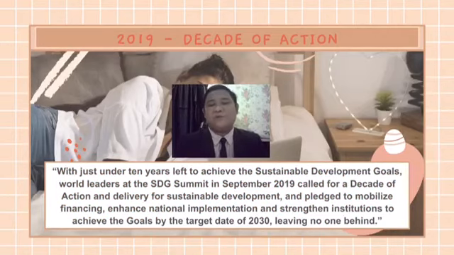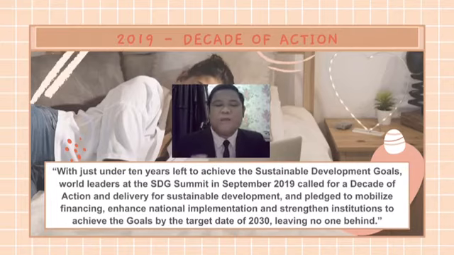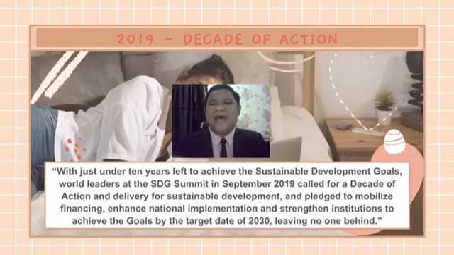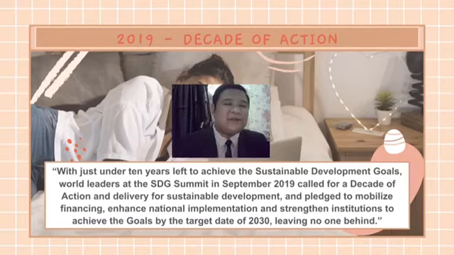Now, according to the UN website, and I quote here, with just under 10 years left to achieve the Sustainable Development Goals, world leaders at the SDG Summit in September 2019 called for a decade of action and delivery for sustainable development, and pledged to mobilize financing, enhance national implementation, and strengthen institutions to achieve the goals by the target date of 2030, leaving no one behind.